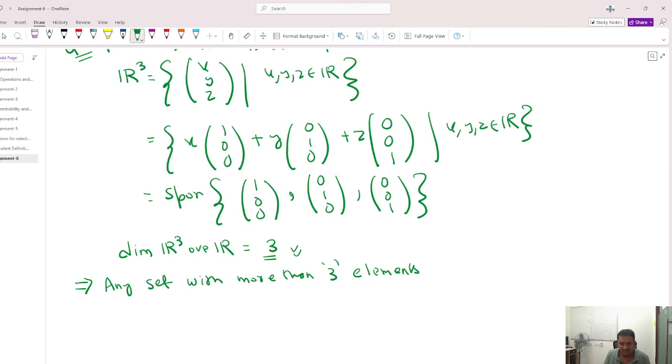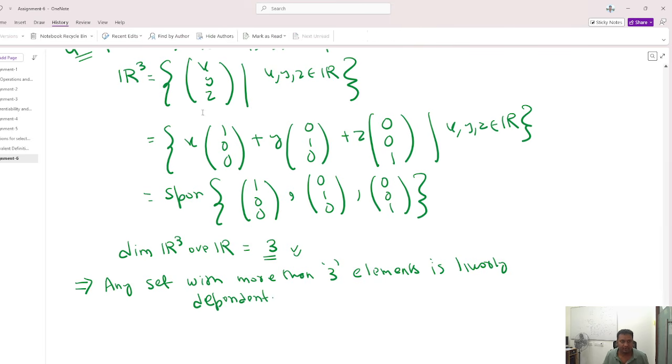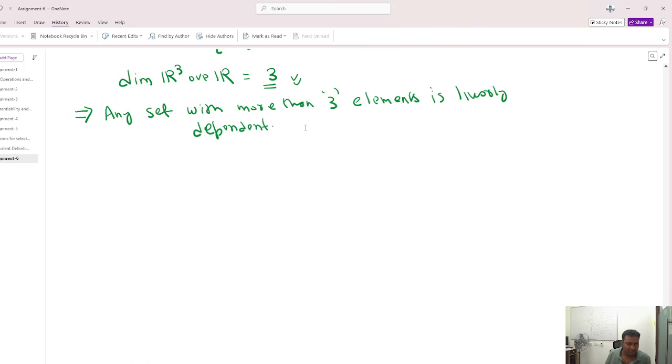No, right? It is linearly dependent. So the four criteria which I have proved for you. Okay, this is about question number 3.